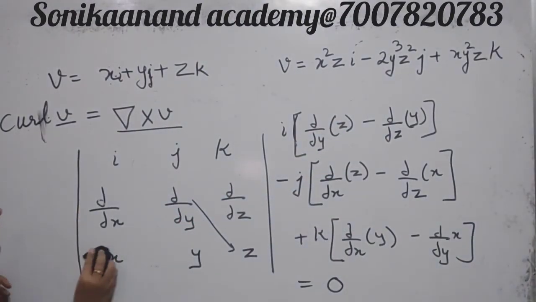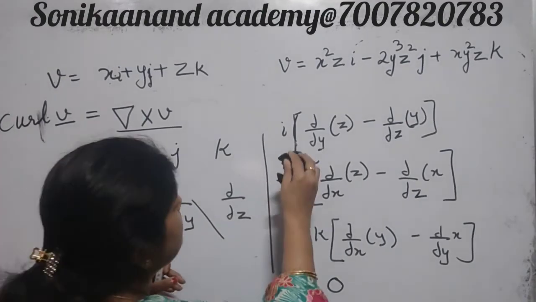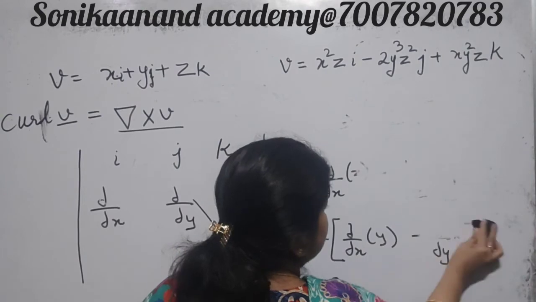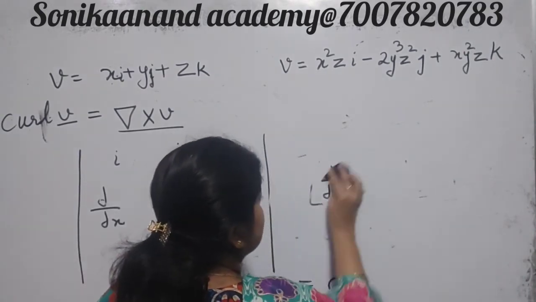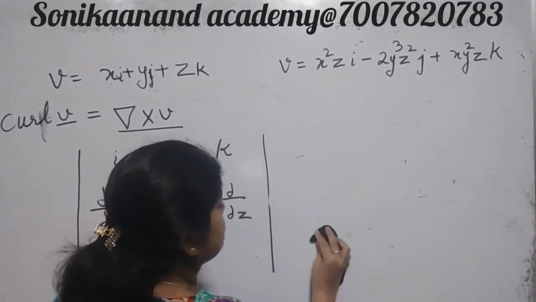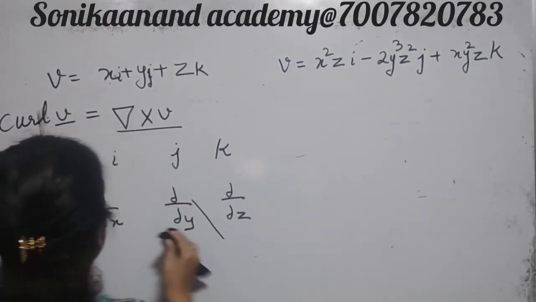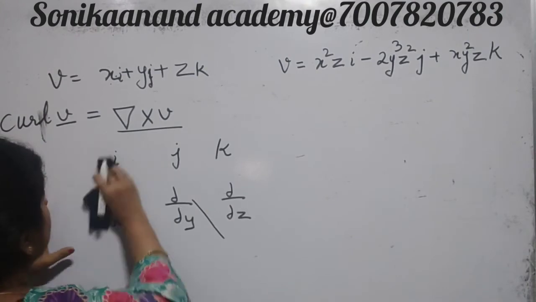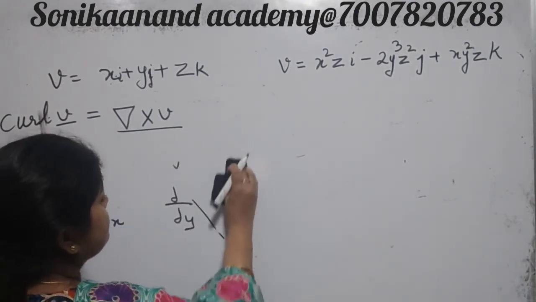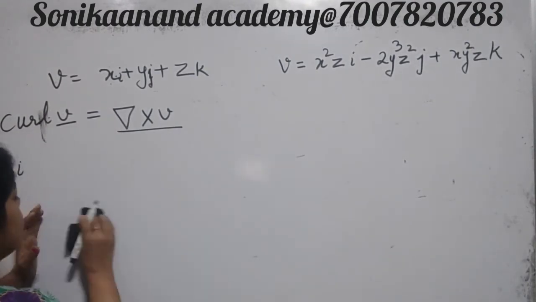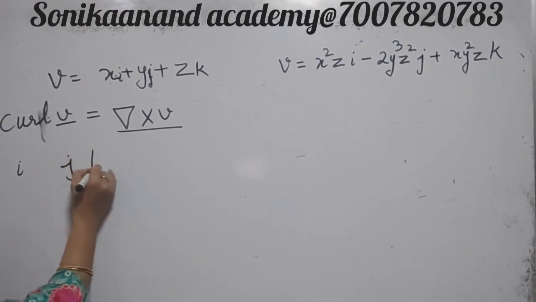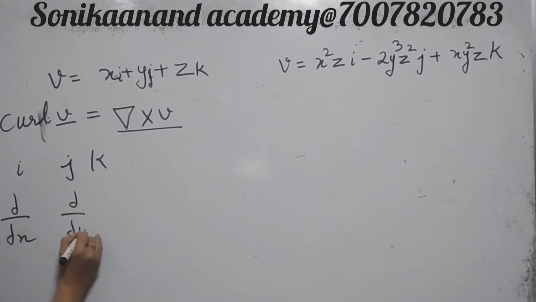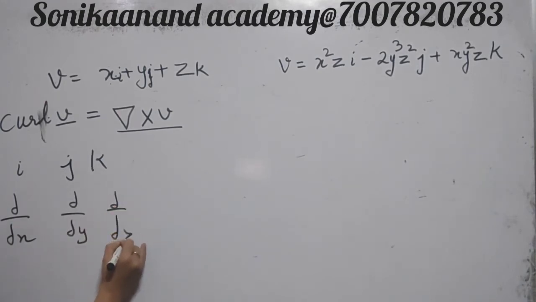Now, when we find the curl of the vector for this question, we will get the term like this. I will write over here i j k, d of dx, d of dy, d of dz.